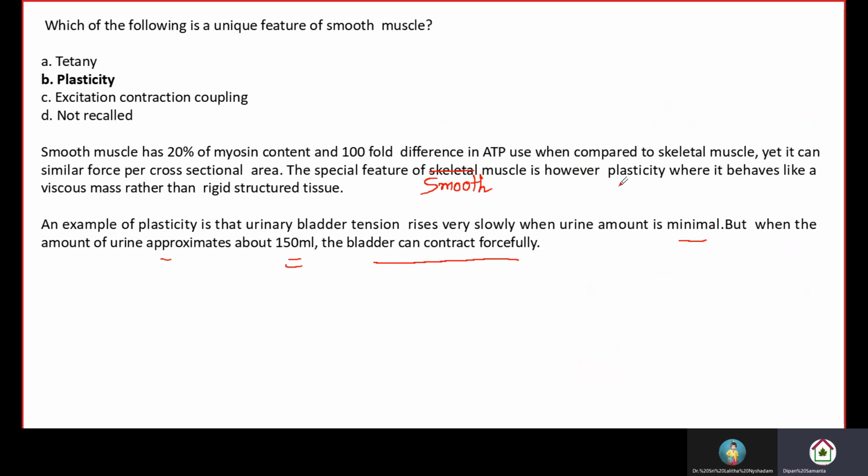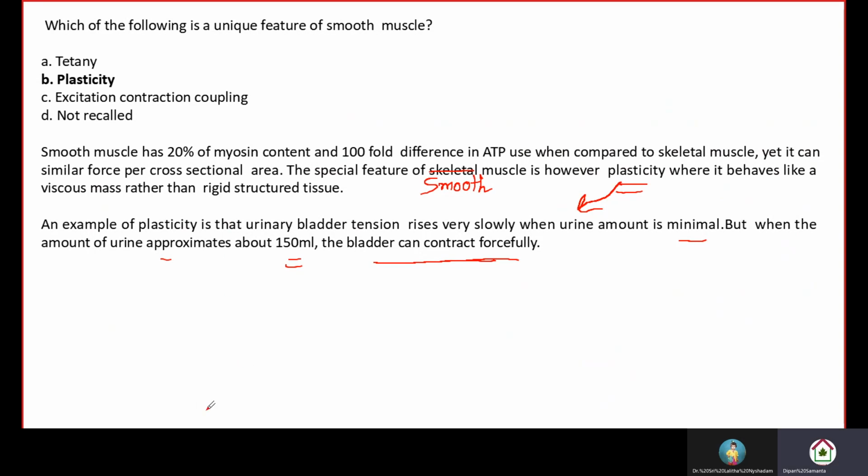Smooth muscle has plasticity, which skeletal muscle doesn't have. What is this plasticity feature? This is the feature that urinary bladder tension rises very slowly when urine amount is minimal. But when the urine amount is approximately 150 ml, the bladder can contract fully. So the stimulation is how much the bladder is filled.